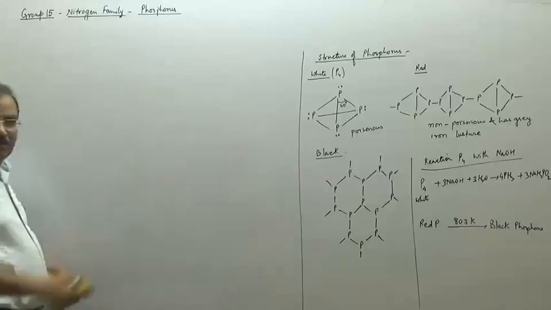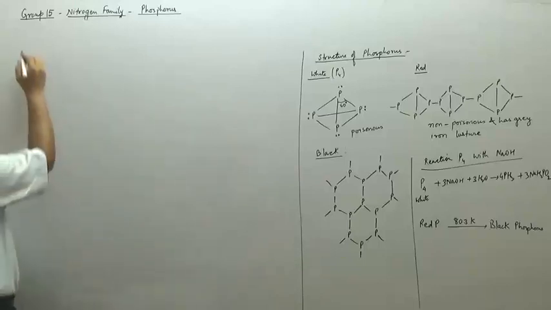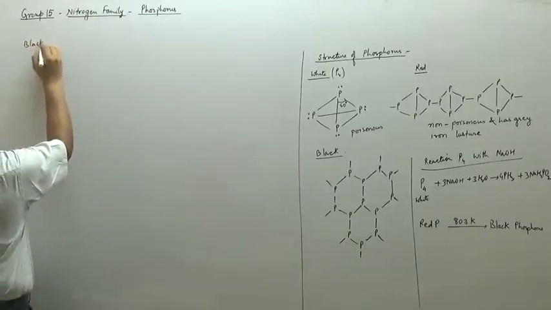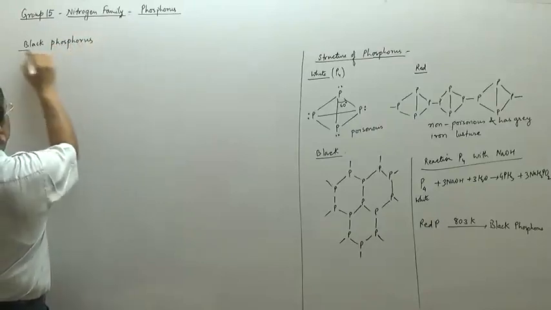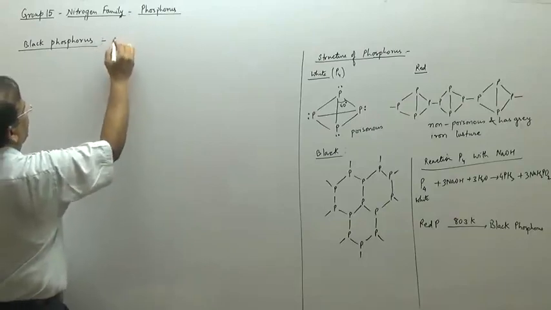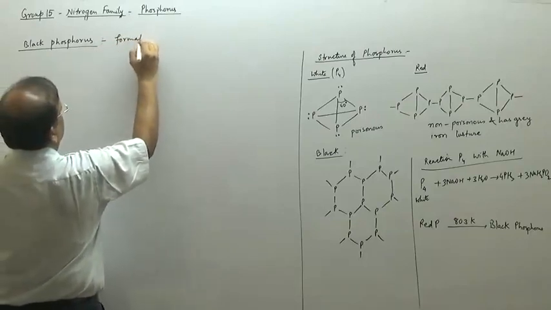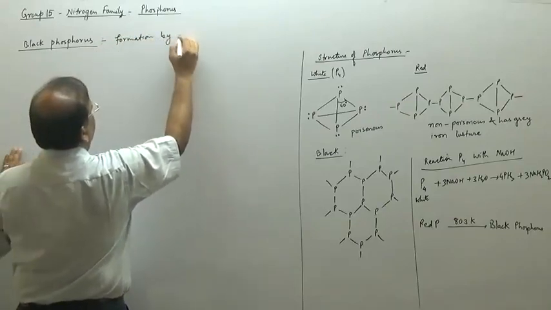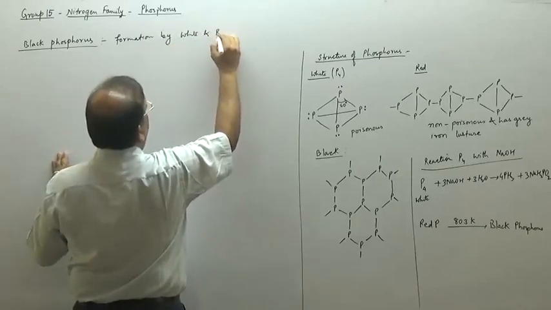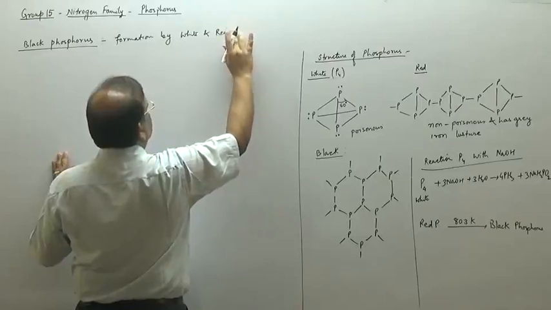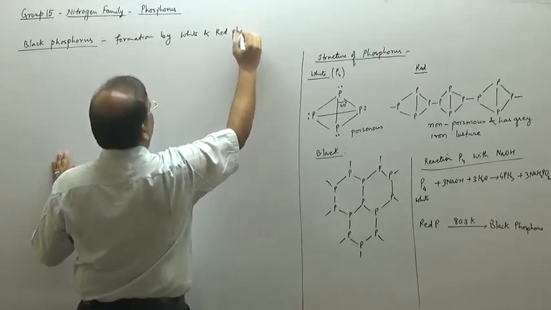If we discuss the black phosphorus, we'll say that it is formed from white and red phosphorus.